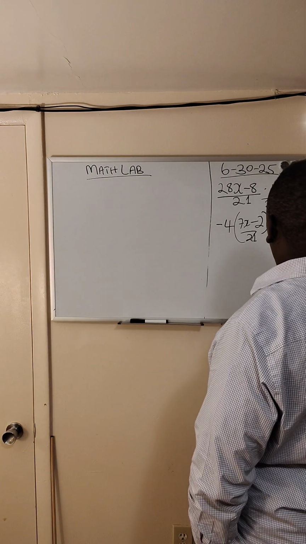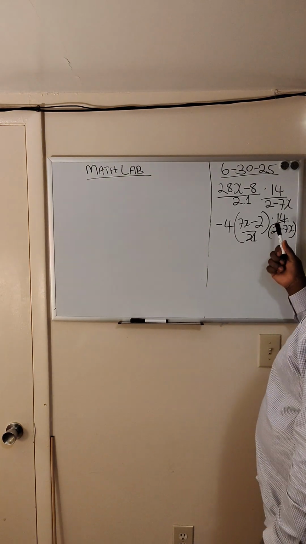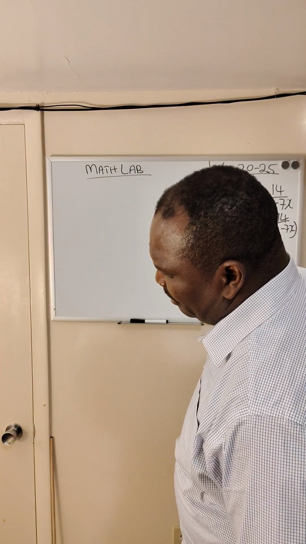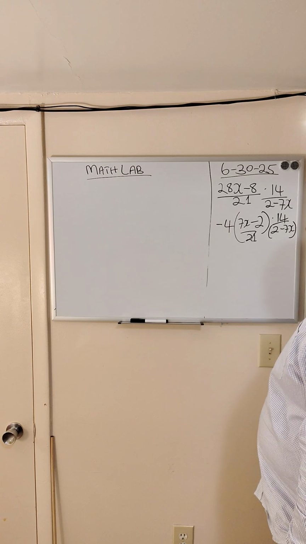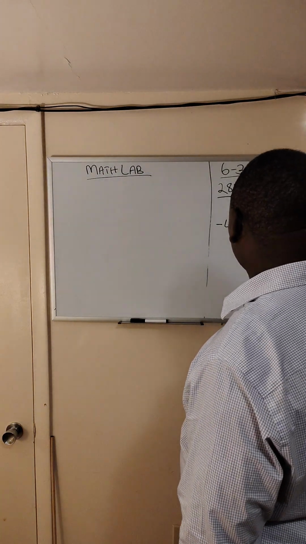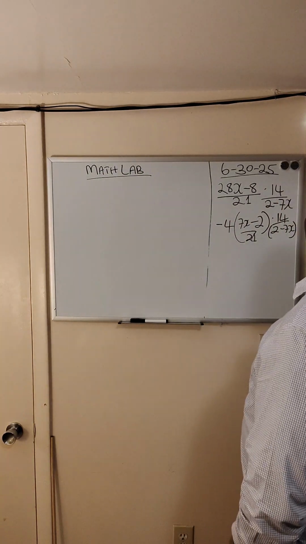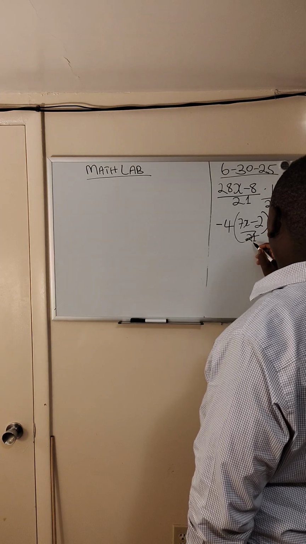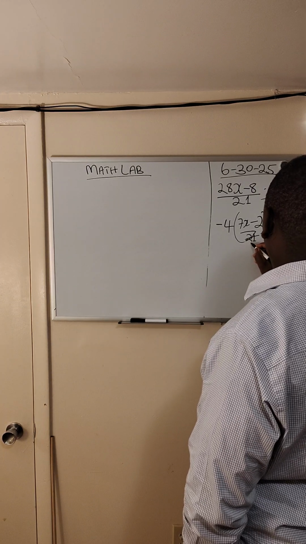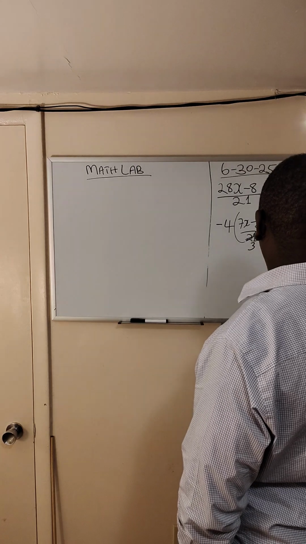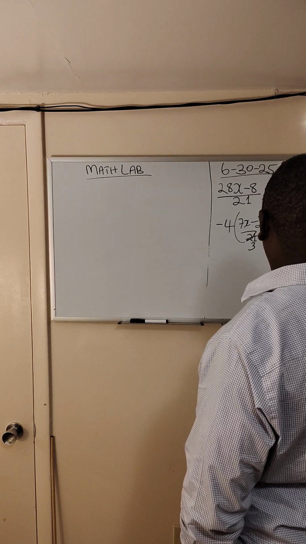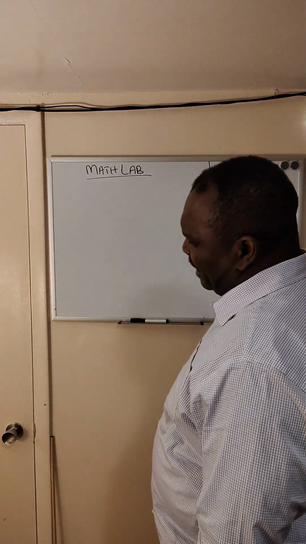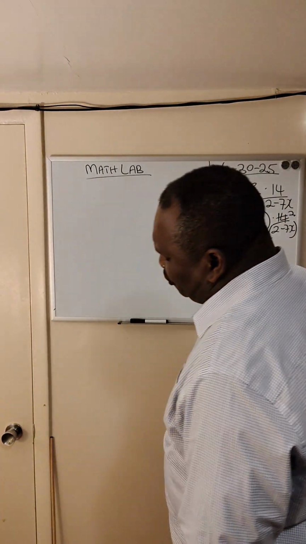So let's put this parenthesis right here and see how to work with 14 now. 7 goes there 3 times, and then 7 goes there 2 times.